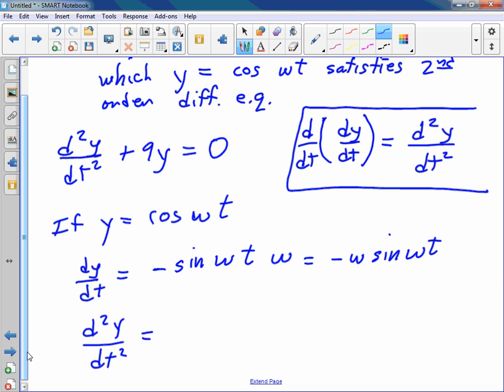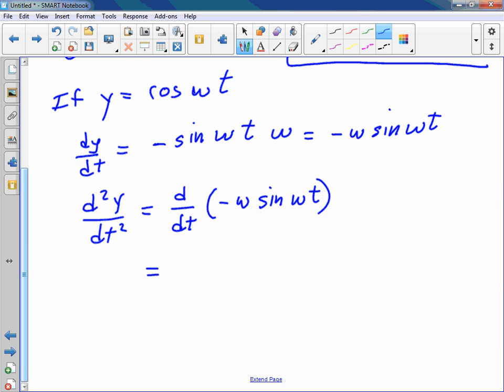So that is the derivative with respect to t of the opposite of omega sine omega t equals, and maybe it'd be easier to do it like we did right here. Maybe that's easier to see. Okay, let's go opposite of sine omega t omega.